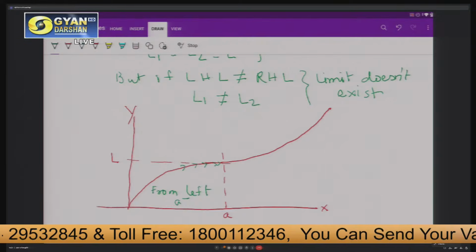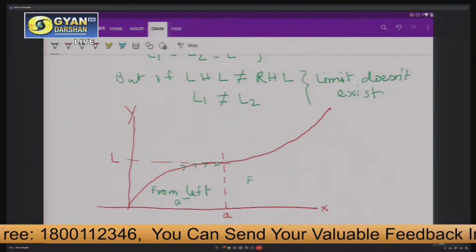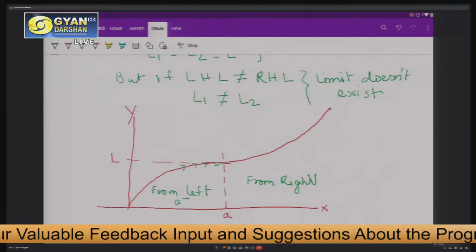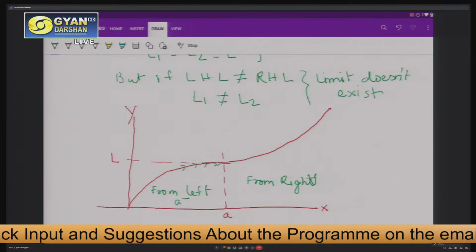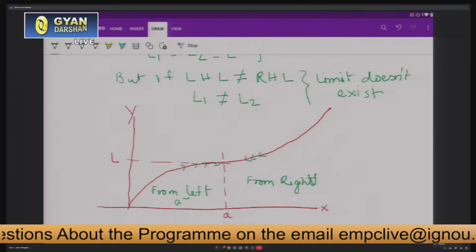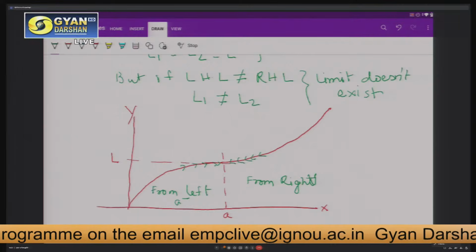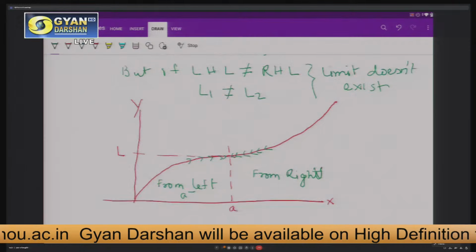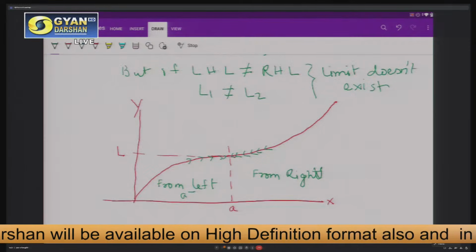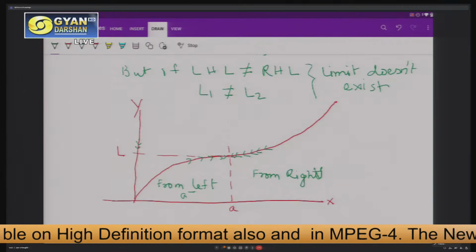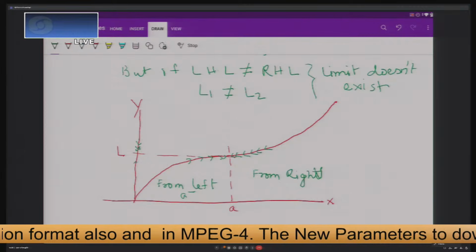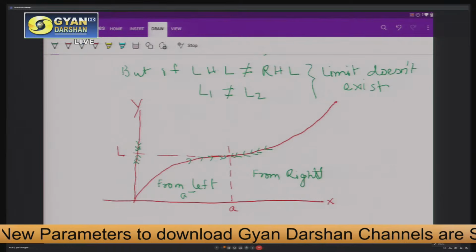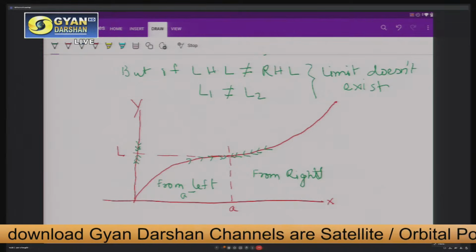And as we approach from right, from this side, as x is coming nearer to a, the value of this y is also coming nearer to L. Earlier it was coming nearer to L from this side. So both are converging at a point L.